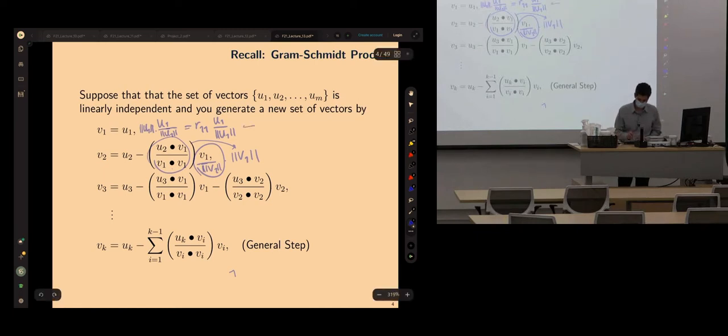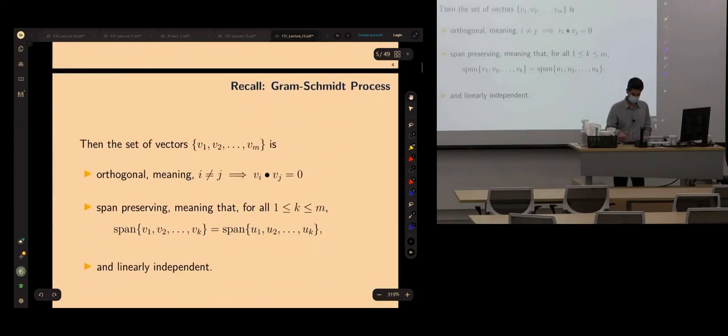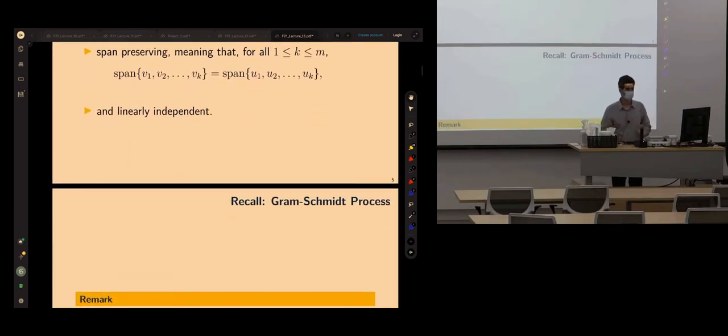Whatever we did here, you can repeat it for U2. So it is just manipulation of some terms and coefficient.